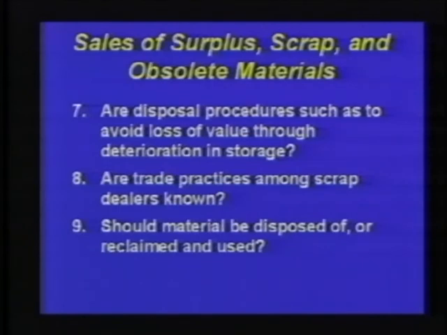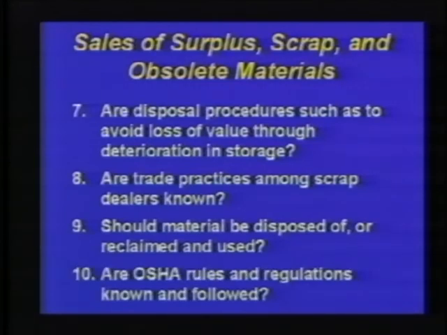And 9, should material be disposed of or reclaimed and used? Well, again, we have to be very careful in terms of the type of material we're talking about, and which really addresses item number 10, and are all of the OSHA rules and regulations known and followed? And is there any EPA or any of your own, let's say, insurance carrier rules and policies documented and known?